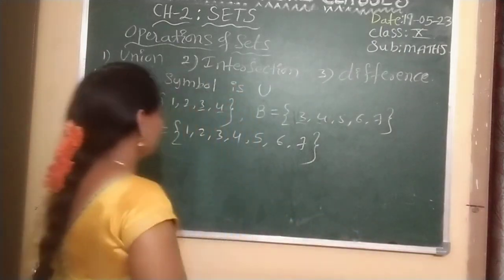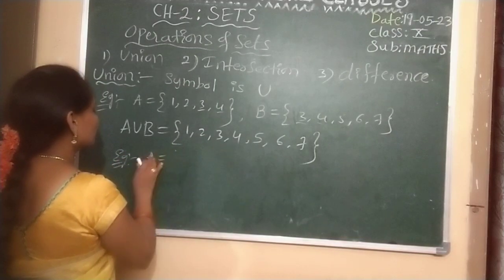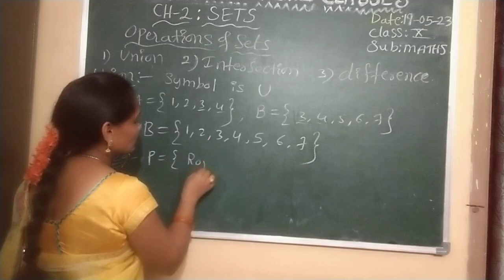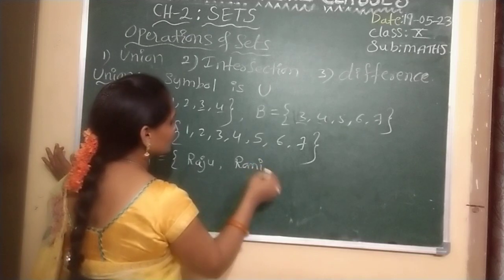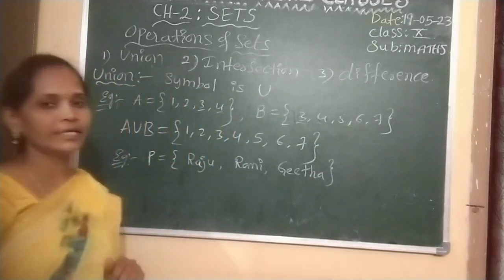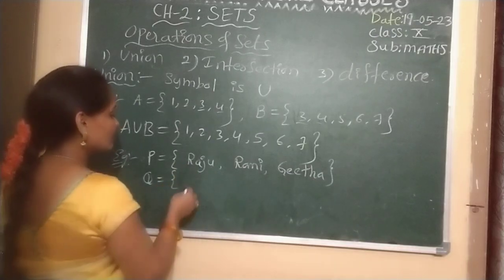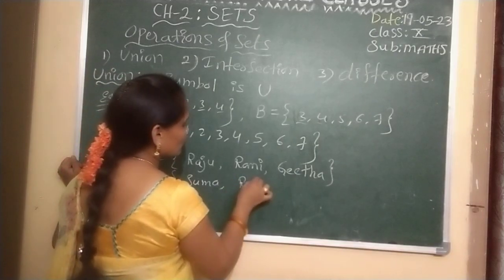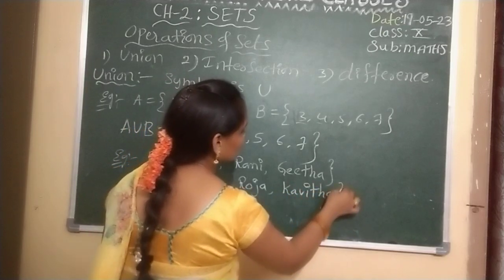Now one more example. Suppose I take set P having some names: Raju, Rani, Geeta. And set Q also having some names: Suma, Roja, Kavita.